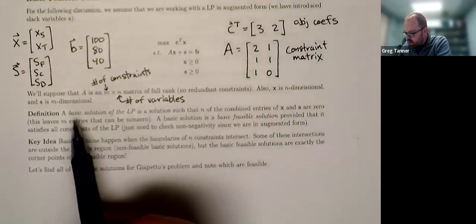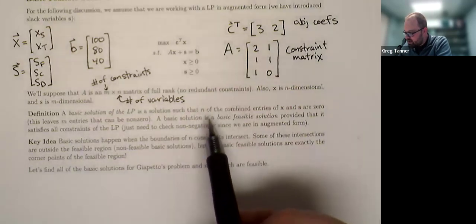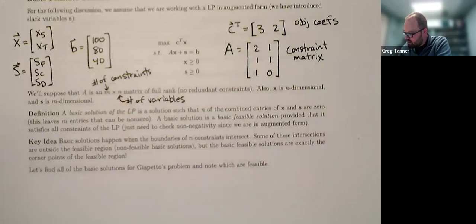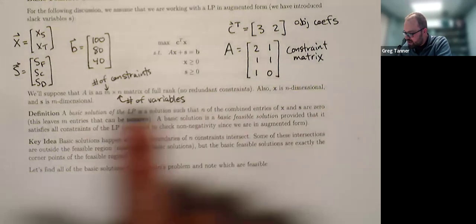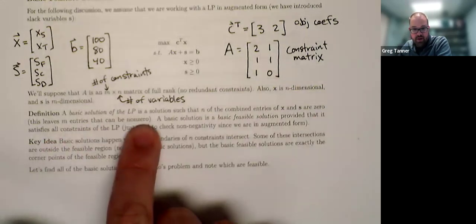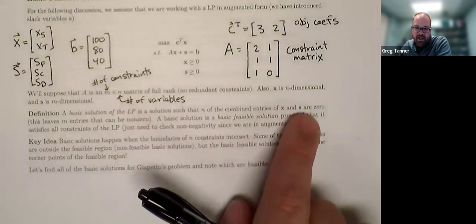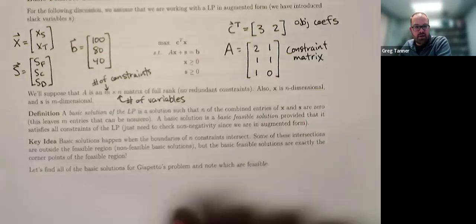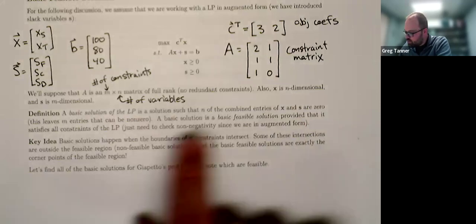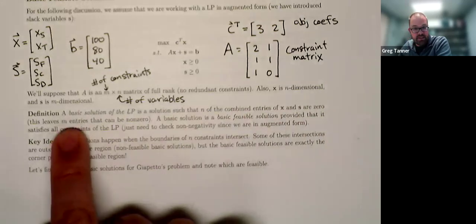Okay, so a basic solution happens when we choose n, where n is the number of variables. We choose n of them to be 0 and m of them to be non-zero. And that's the combined entries of both x and s. So we pool x and s into one combined vector, and then we want n of them to be 0 and m of them to be non-zero.